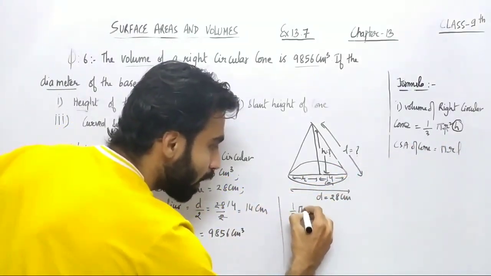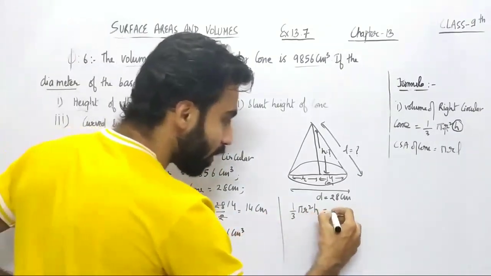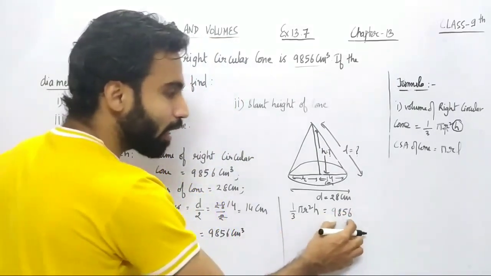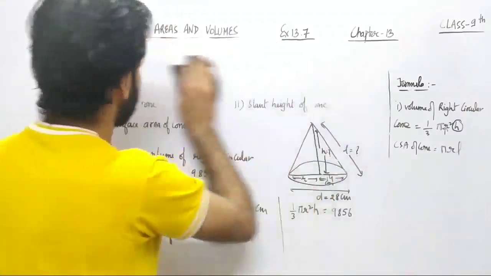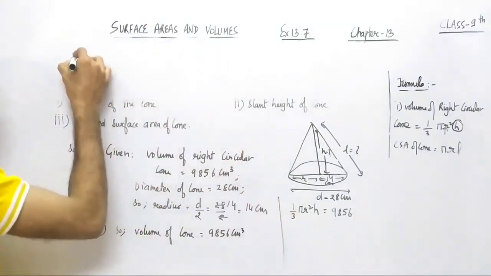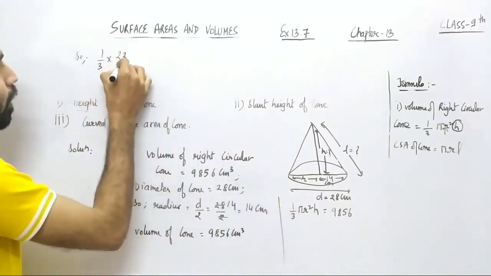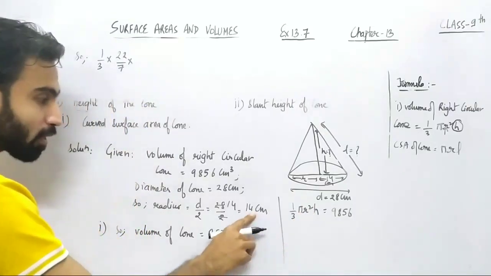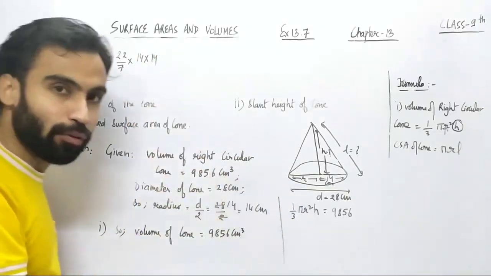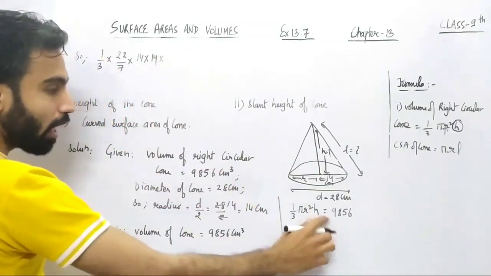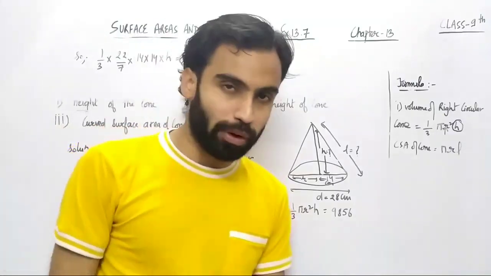That was 1/3 pi r square h. अब वॉल्यूम की जगह मैंने इसका फॉर्मूला रख दिया, इक्वल टू वॉल्यूम, जो मुझे ऑलरेडी गिवन है, दैट इज 9856, राइट? सो मैं इनको इक्वेट कर देता हूं. अब अगर मैं इसको सॉल्व करूं, सो 1/3 इंटू पाई, पाई की वैल्यू क्या थी, 22/7, इंटू रेडियस का स्क्वायर. सो रेडियस कितनी है आपके पास, 14. सो 14 का स्क्वायर, 14 इंटू 14, राइट? सो मैंने डायरेक्टली r स्क्वायर यानी 14 इंटू 14 लिख दिया, राइट? इंटू h, जो हमें फाइंड आउट करना है, इक्वल टू 9856, दैट इज ऑलरेडी गिवन वॉल्यूम, राइट? नाउ इसको सॉल्व करता हूं.